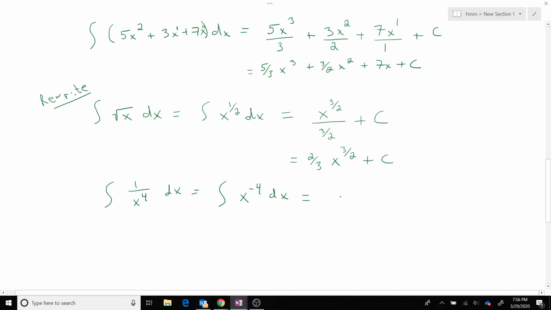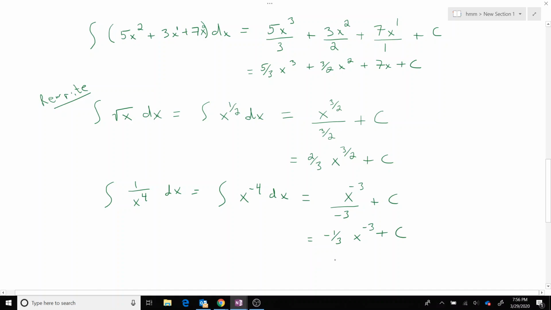Now I can work with it. I'm going to add 1 to the exponent. So -4 plus 1 is -3. And I divide by that exponent. And of course, don't forget the c out there. So this guy ends up being -1/3 x to the -3 plus c is my answer. If you want, we can take the derivative of that, and let's just check.